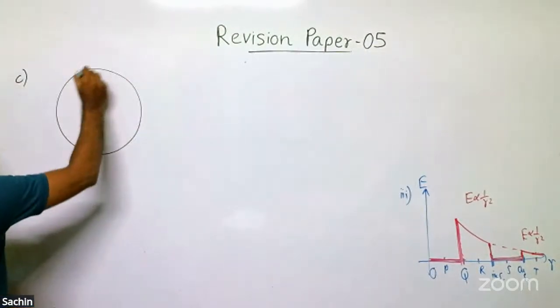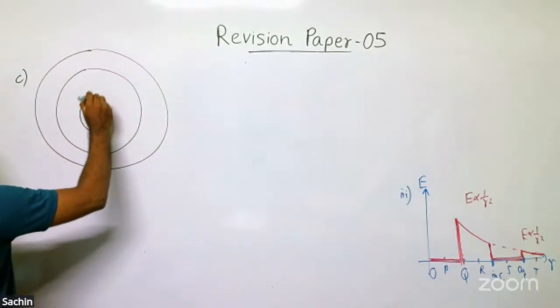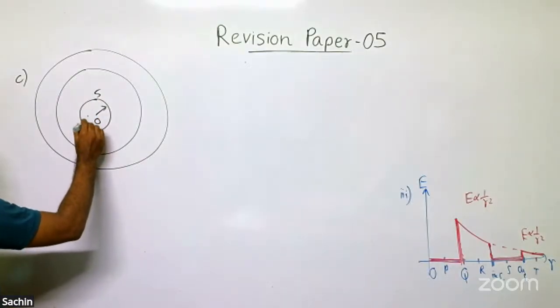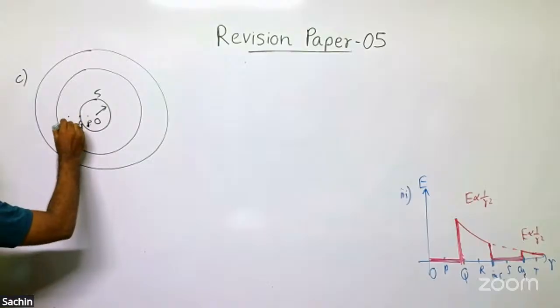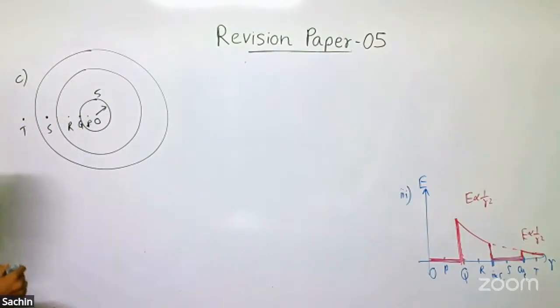Then I have to draw this 5 and then O, P, Q, R, S and T. So how were these charges arranged?